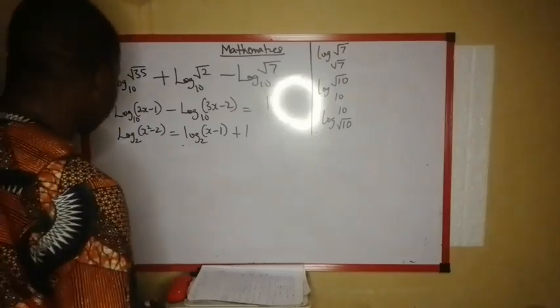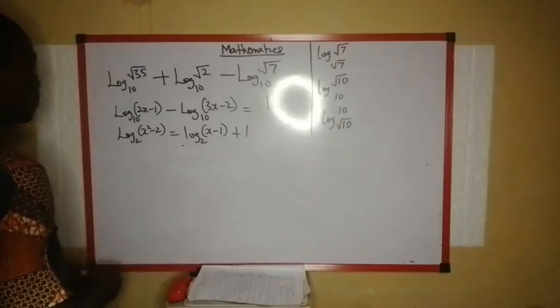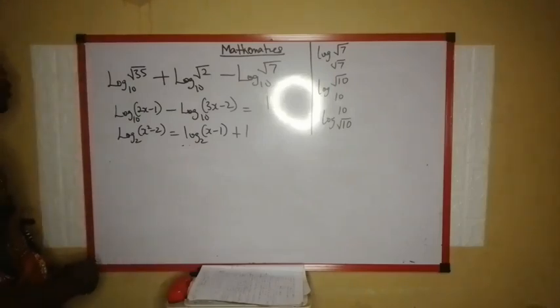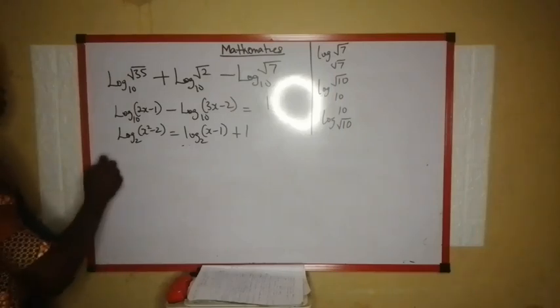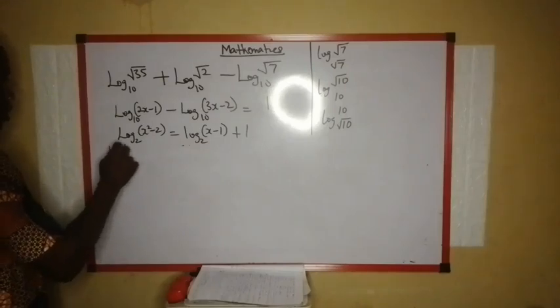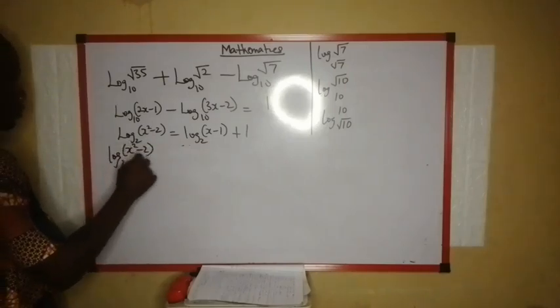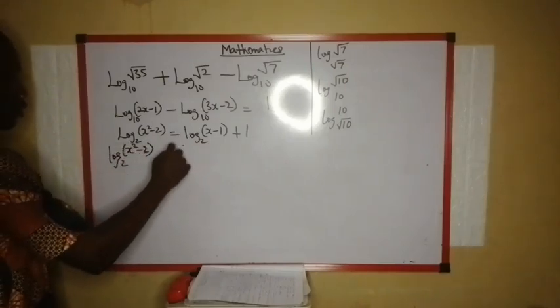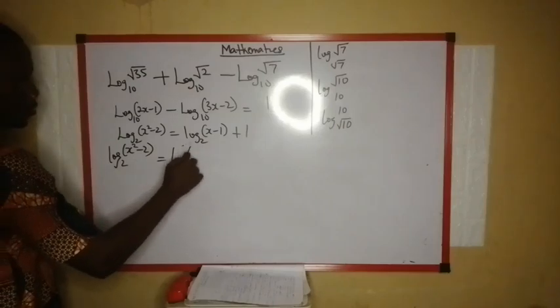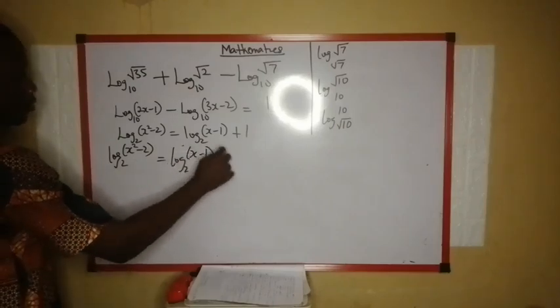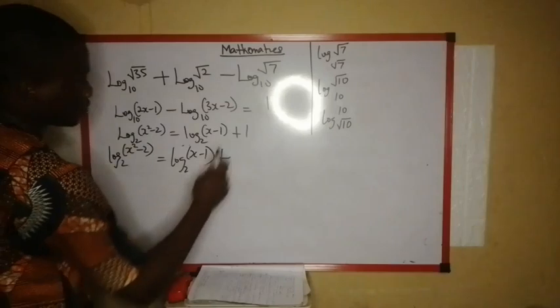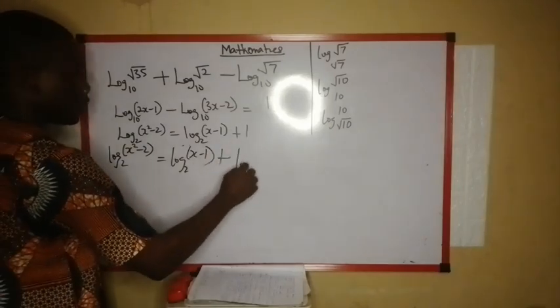The next question says log x squared minus 2 base 2 equal to log x minus 1 base 2. So we are going to take it from here. We are going to simplify 1 to base 10, which is log 10 base 10.